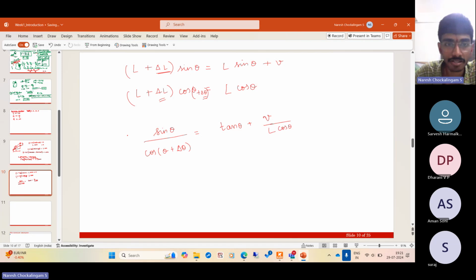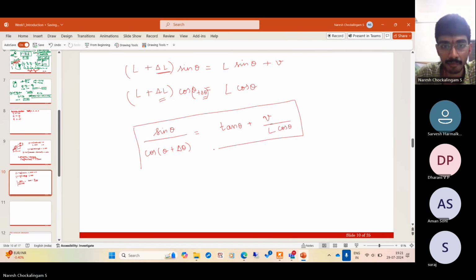So this is a geometric compatibility relation. For the full nonlinear problem, delta theta and V are related by this relationship. So we can rewrite this. So this is the geometry. Rewritten in any form, this is the geometric compatibility relation.